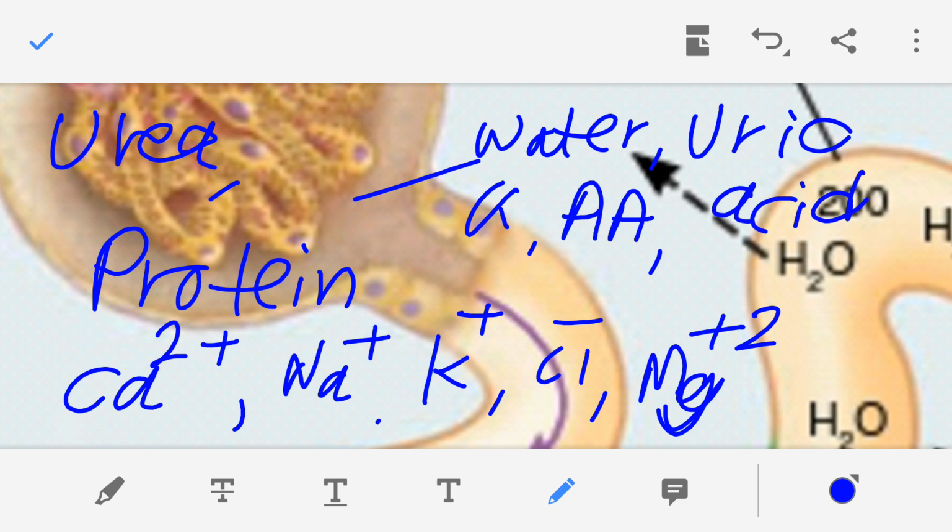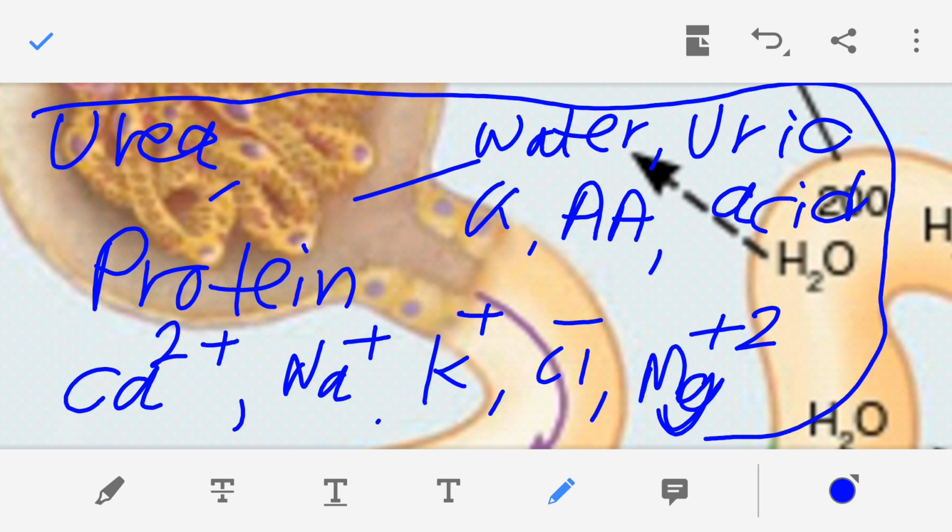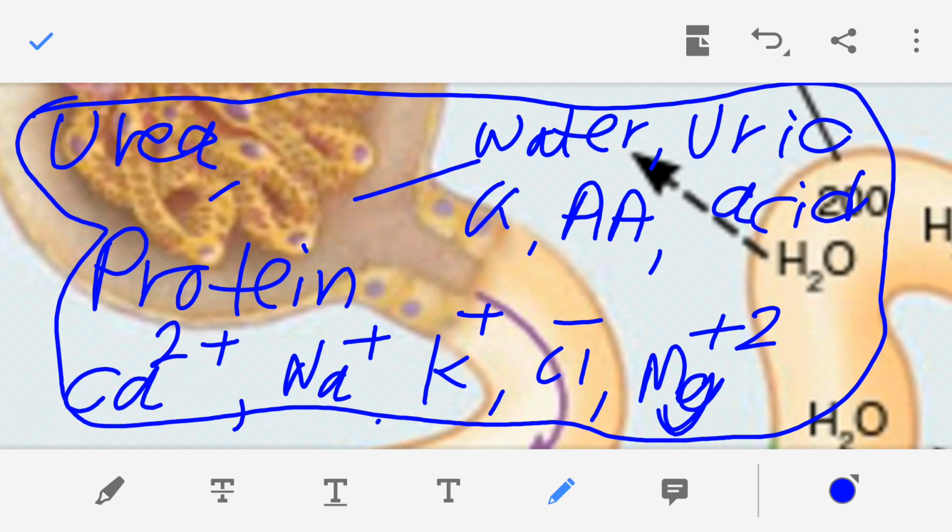All of these are coming out from the blood. Remember these things, and all these components together are known as filtrate.